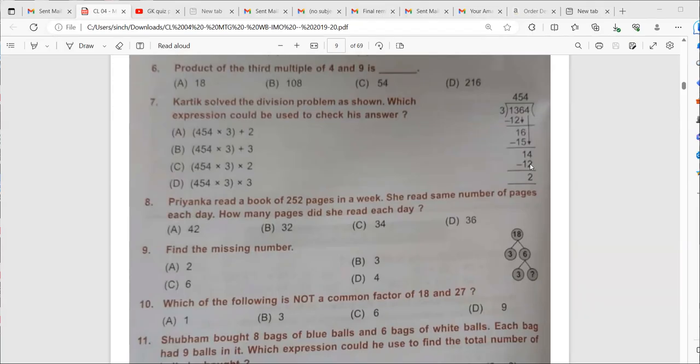Udit, send me number 6, 7, 8 and 9. Shuok, number 10 is wrong. Shuok, read the question properly. Tuhin, number 8 is correct.